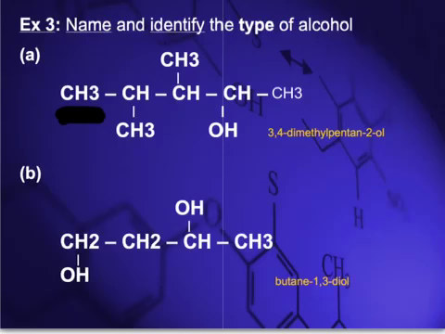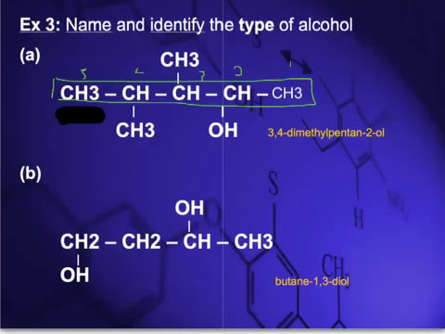Let's complete a few examples. To name the alcohol, first we have to identify the longest chain. Here is the longest chain, and because we give the OH group higher priority, we will number the chain from right to left.